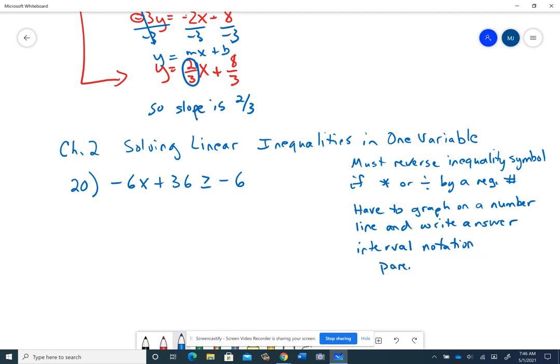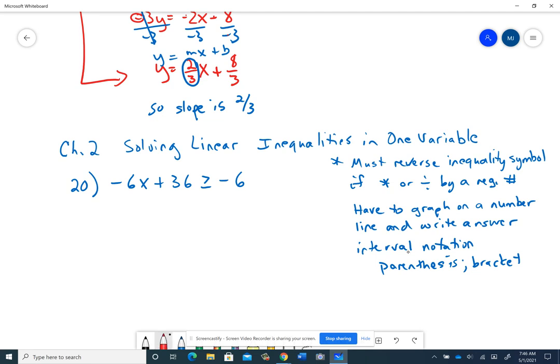So you've got to remember that kind of stuff. All right, so that right there should go through your head when you see an inequality symbol.